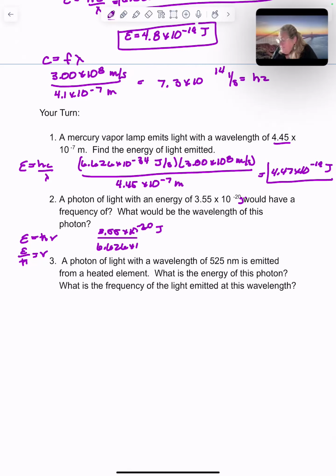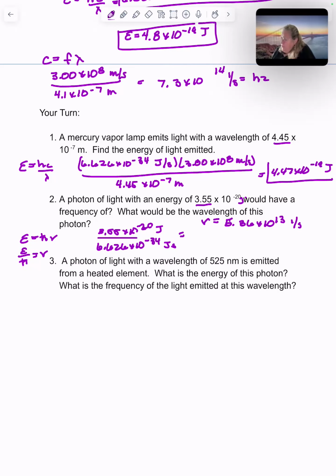That's going to give me my frequency. And I want 3 significant figures because of that given. My frequency is going to be 5.36 times 10 to the 13, 1 over seconds or hertz.